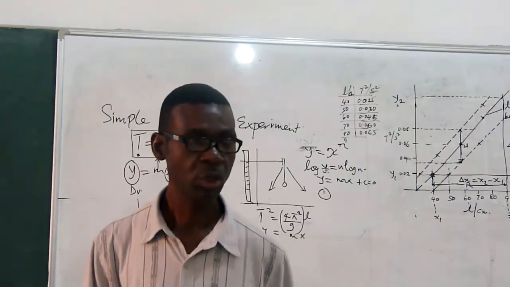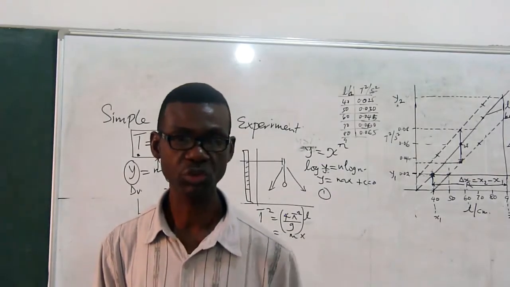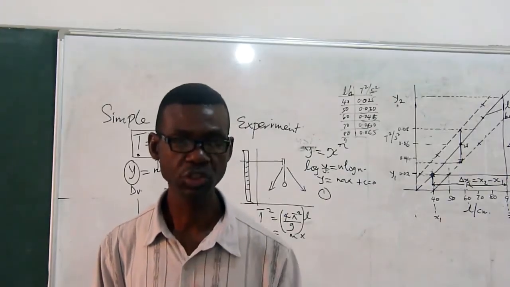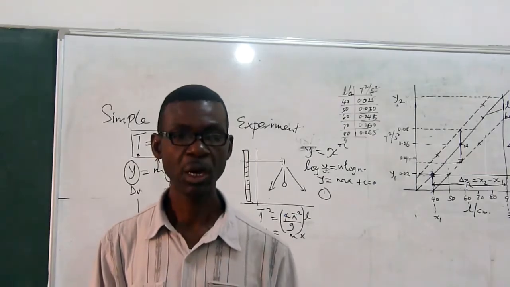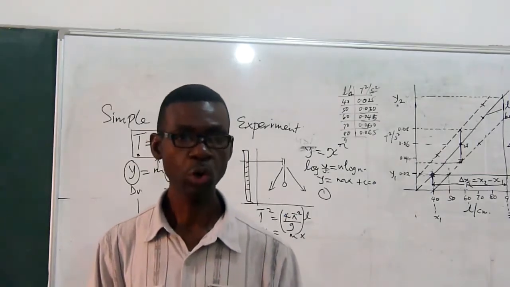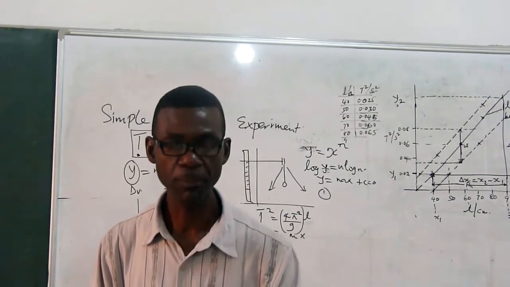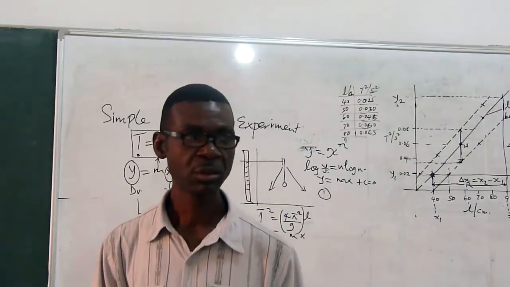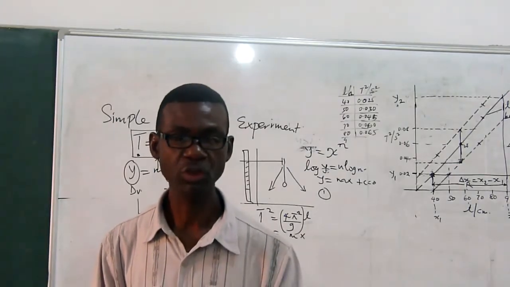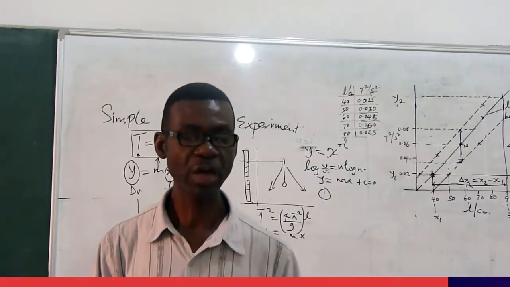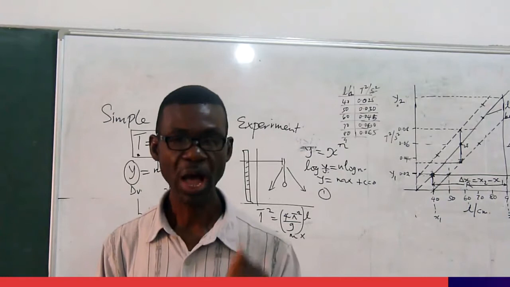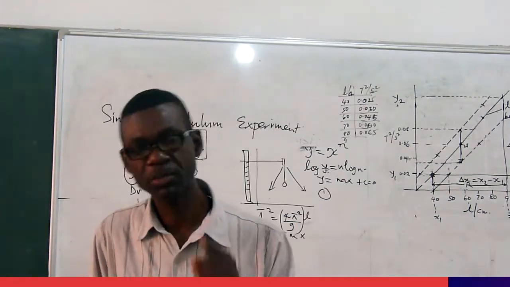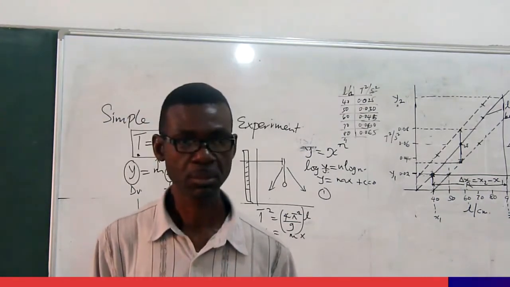Then secondly, you must have a set of instructions, or what we call procedure. The procedures are the step-by-step stages or actions you must perform in arranging the equipment or apparatus such that you will be able to achieve your aim. So it means that when you come to perform an experiment, there must be an aim.